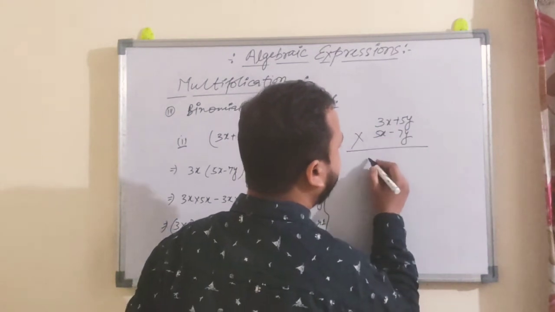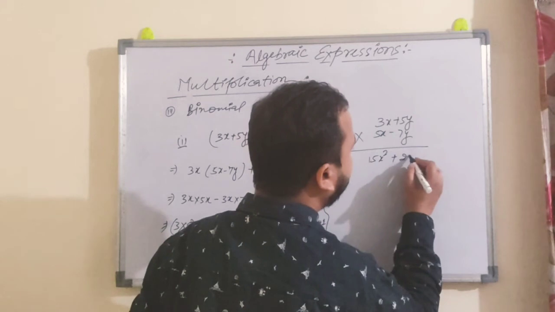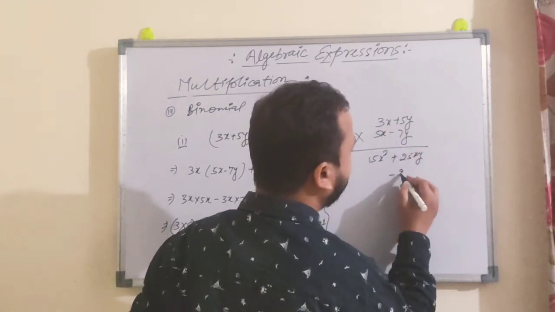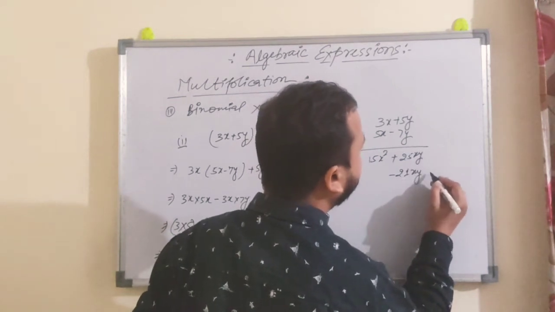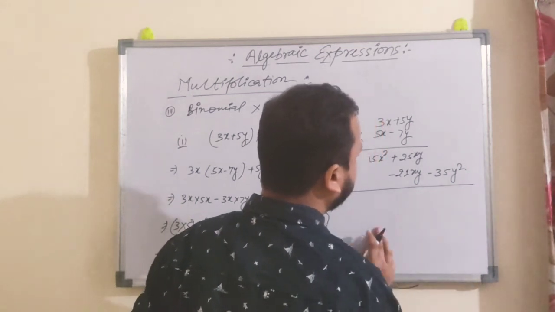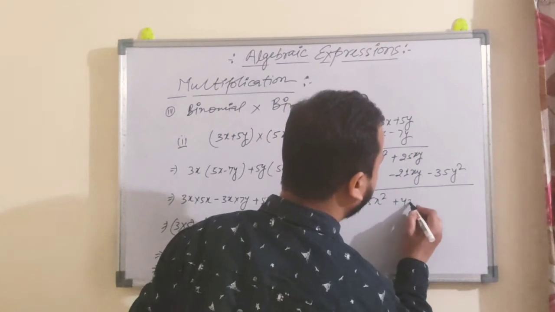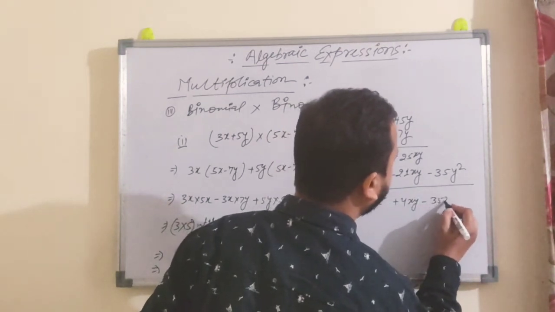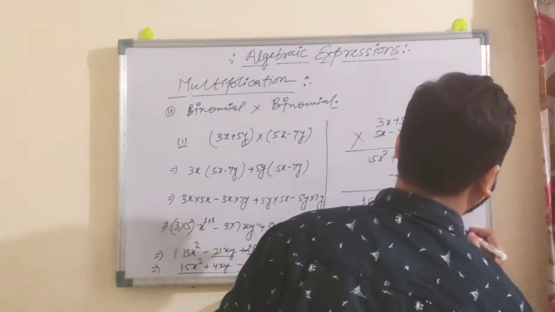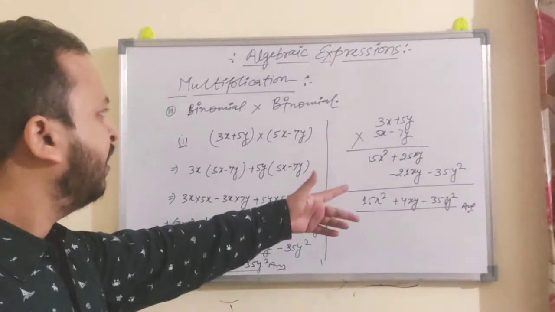So 5 3s are 15x square plus 5 5s are 25xy minus 7 3s are 21xy minus 35y square. Then add them. 15x square plus 4xy minus 35y square. This is your answer. So this way you can also solve it.